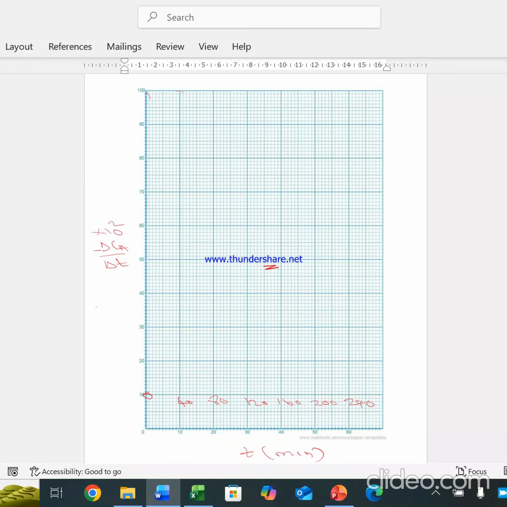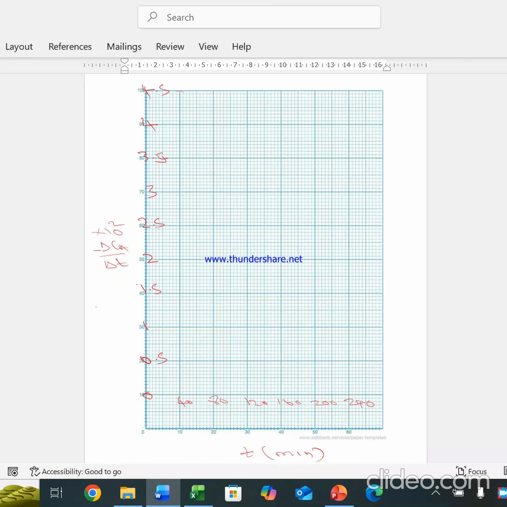So it's going to be 0.5, then this is going to be 1, this is 1.5, this is 2, 2.5, 3, 3.5, 4, 4.5 here.